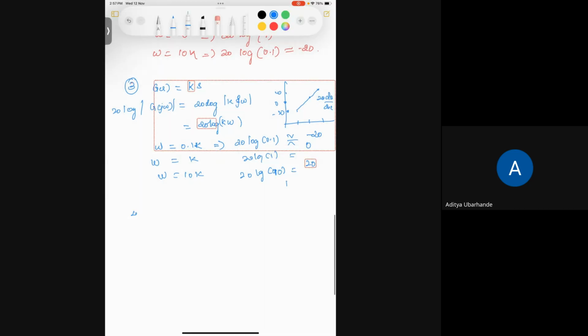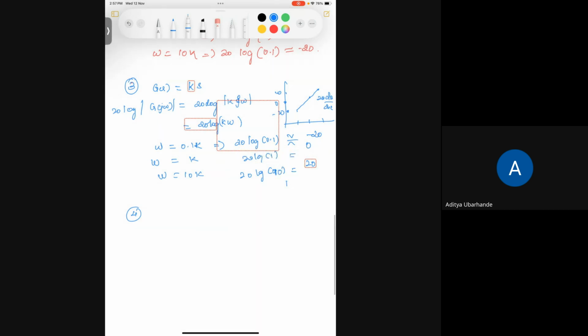What if I have a transfer function k by s square? What will be my slope? For k by s, we have minus 20 decibels per decade, right? So for k by s square it would be minus 40, because whatever power we have here, it will be multiplied.